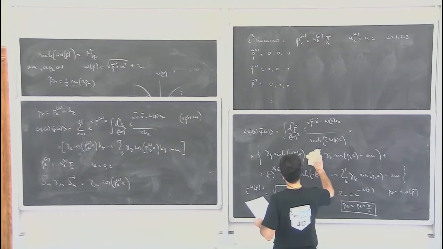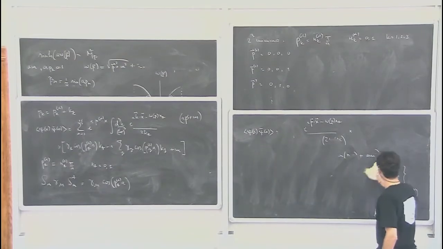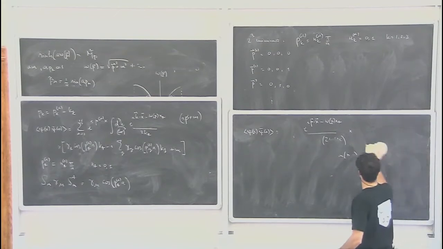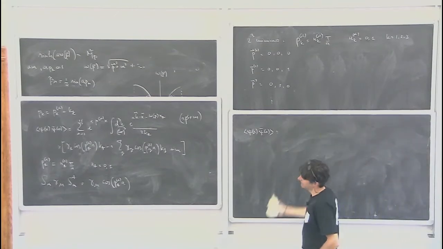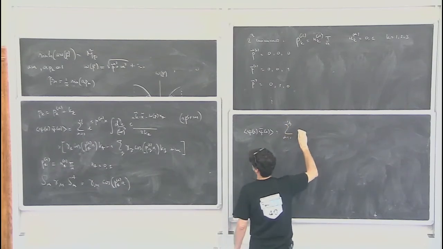write our final expression for the two-point function in the following form. We have a sum over alpha from 1 to 16.